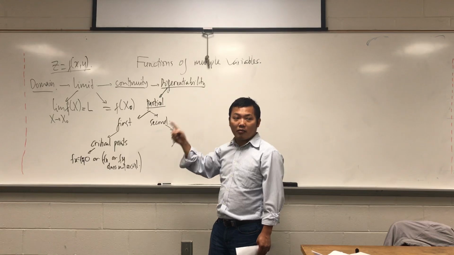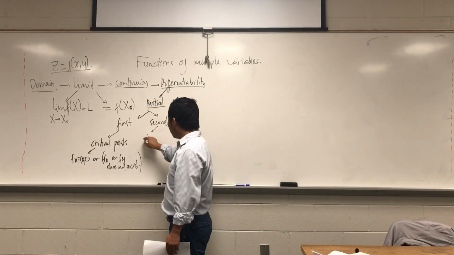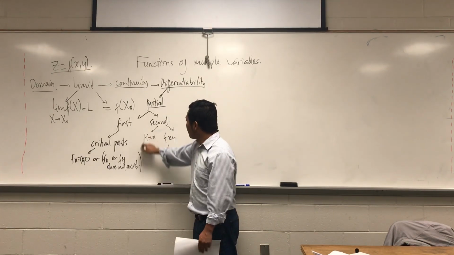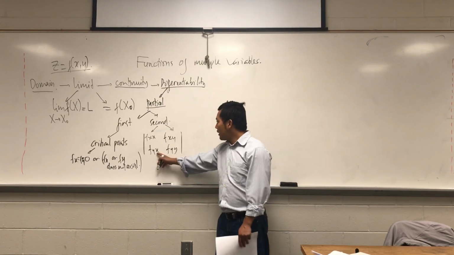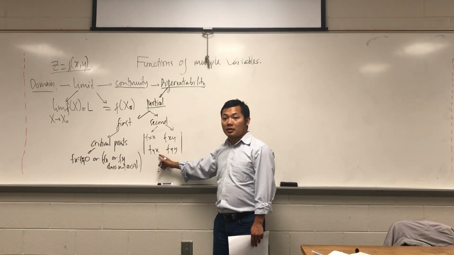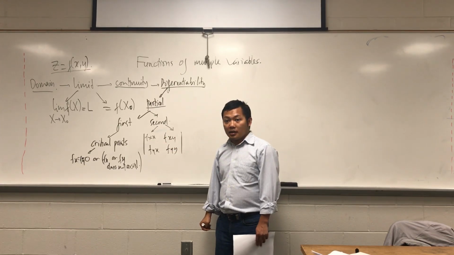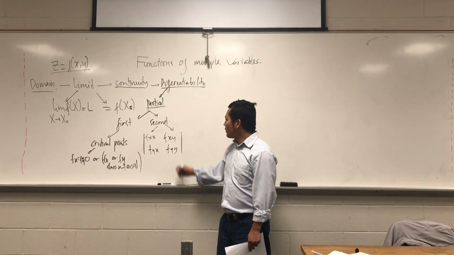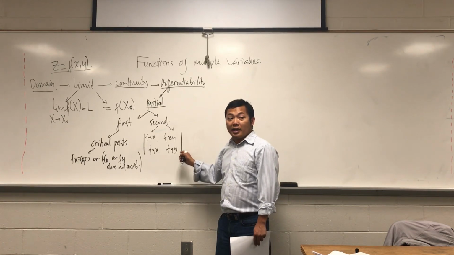So we have fxx, fxy, fyx, and fyy. Basically, if we consider this determinant, and in our course we suppose that fxy and fyx are equal, our function is a good one, right?